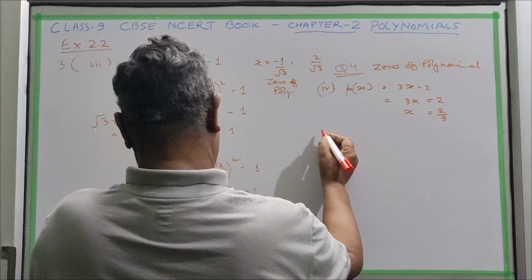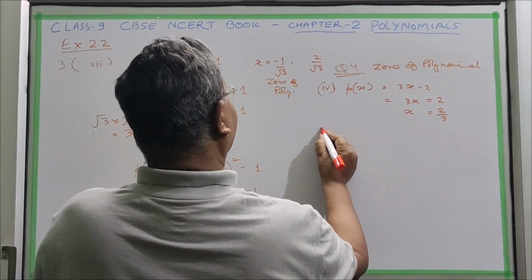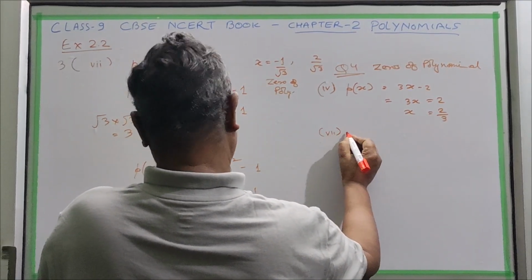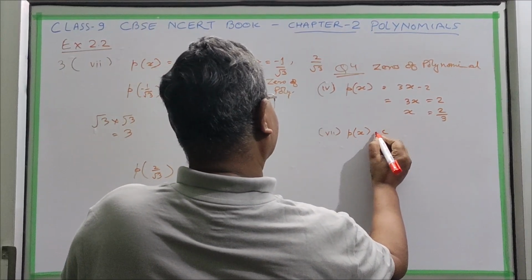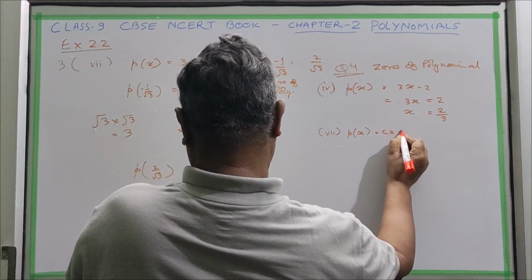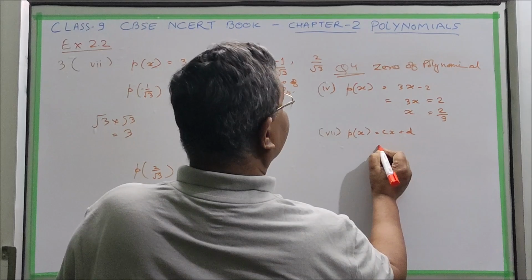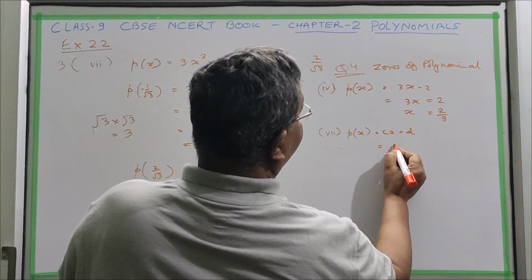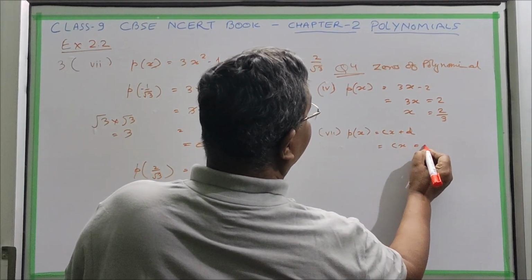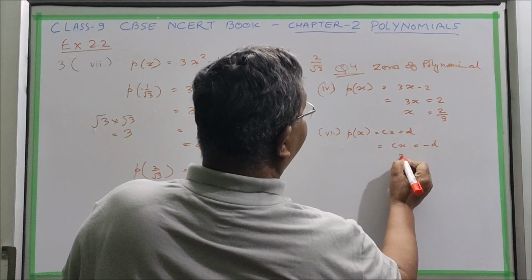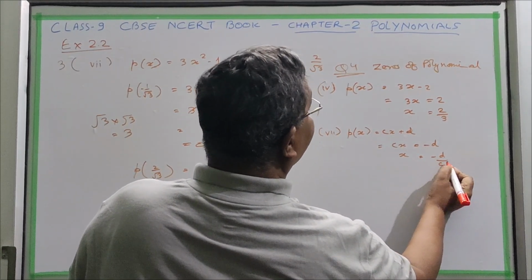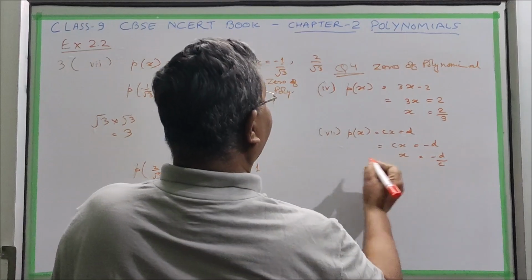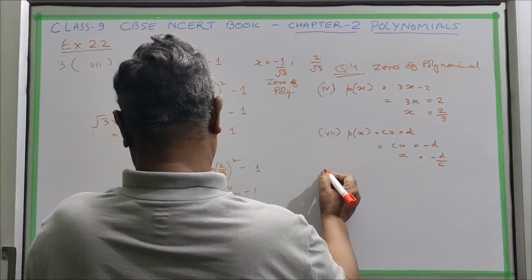Now question number 7. P(x) is cx plus d. Here we will keep cx is equal to minus d, so x is equal to minus d upon c. This is your answer.